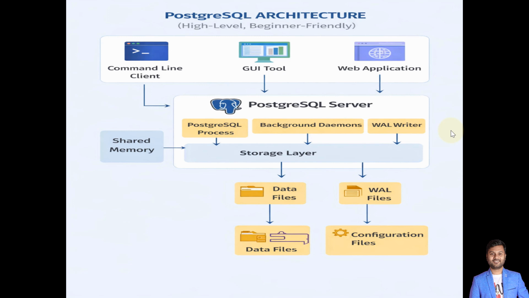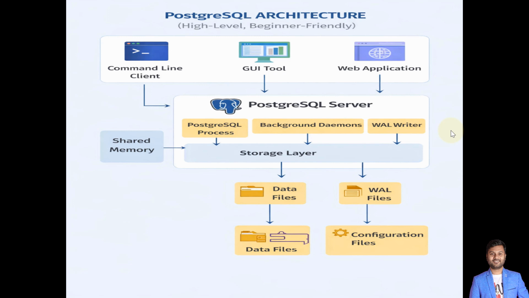There is one more component of PostgreSQL, which is background processes. PostgreSQL doesn't work alone. It has several helper processes running quietly in the background to keep everything fast and fine. So for example, WAL writer, that is write ahead log writer, background writer that manages the cache memory, checkpoint processes that ensure data is stored safely, auto vacuum that cleans older data.